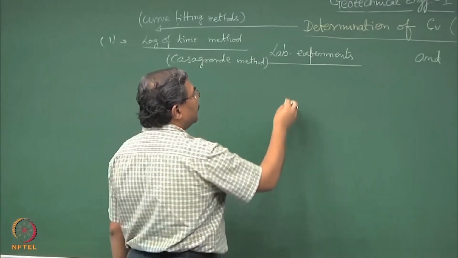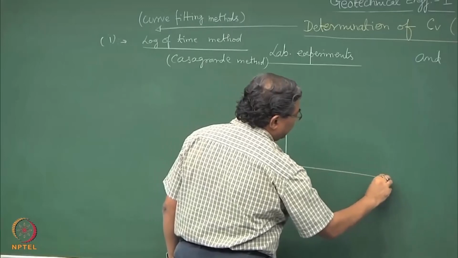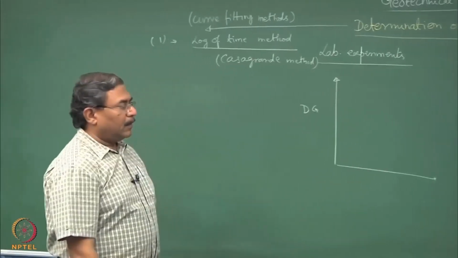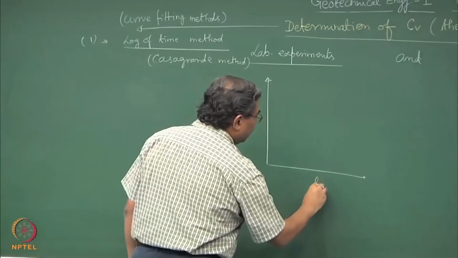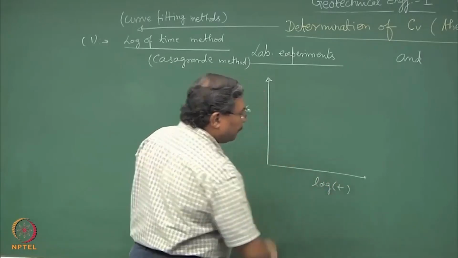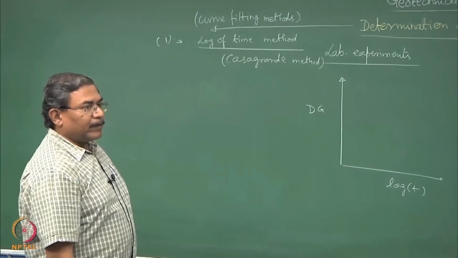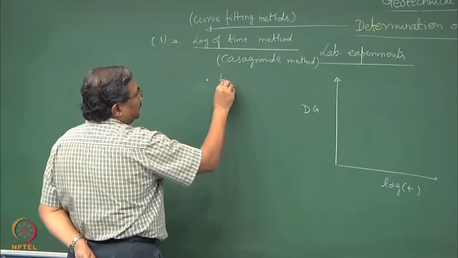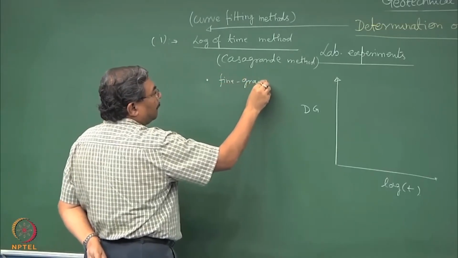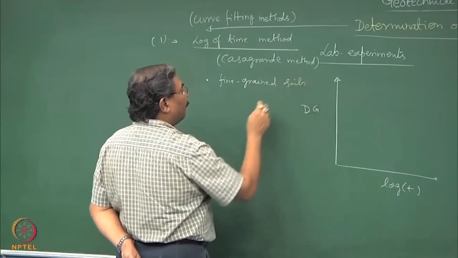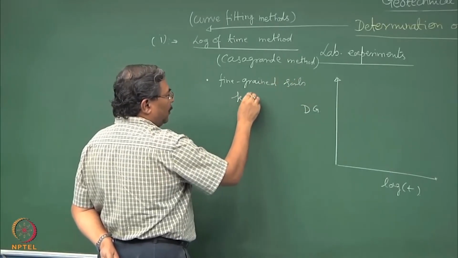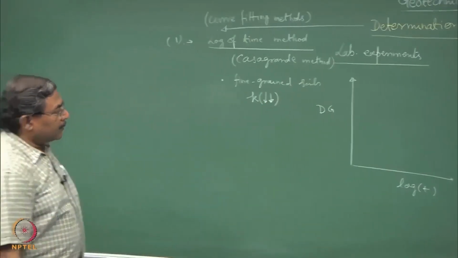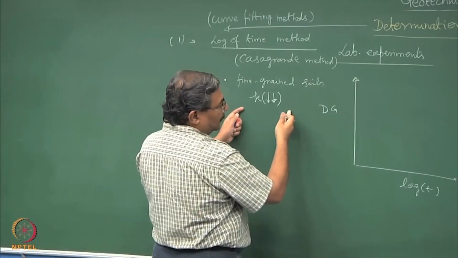As per this method, in laboratory experiments, the results are plotted as a function of dial gauge readings and log of time. Why log of time? Because this method is normally used for fine grained soils for which the k is extremely small, and hence it takes a lot of time for the soil mass to consolidate.